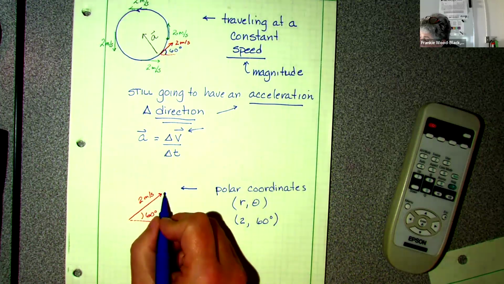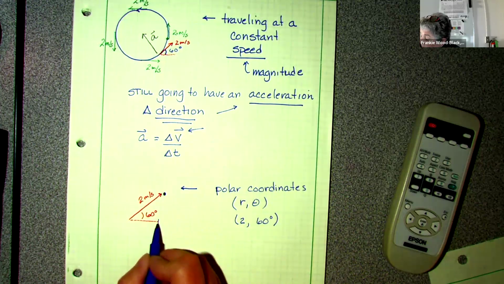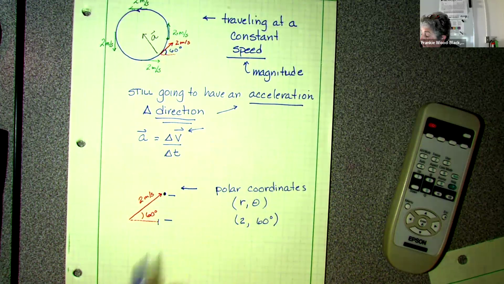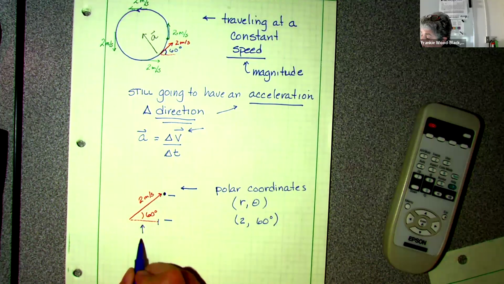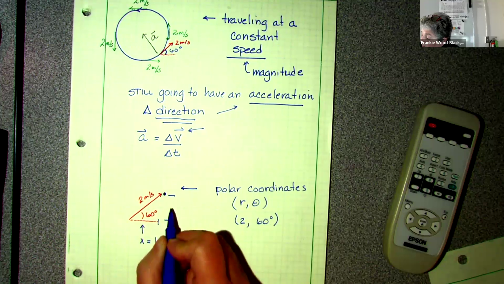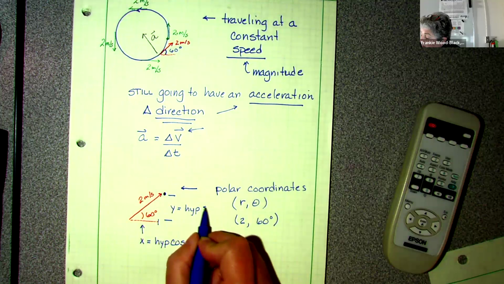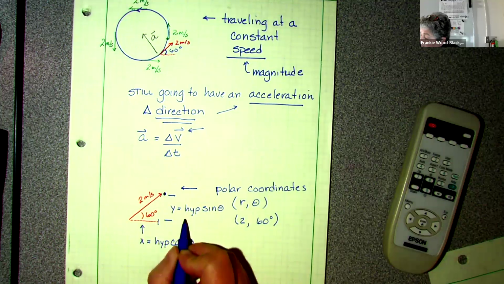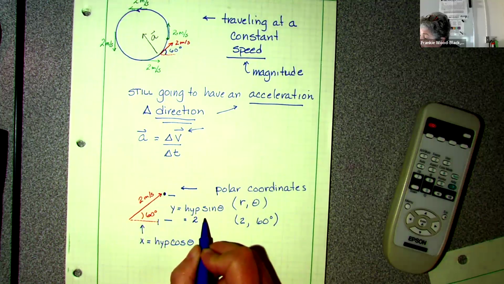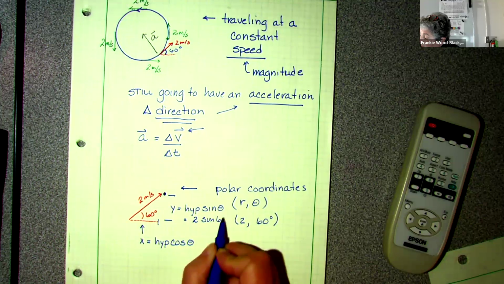But if I want to know what this point is, I can break this up and use my trigonometry to get there. x is going to equal my hypotenuse times the cosine of the angle. My y is going to equal the hypotenuse times the sine of the angle. And so I've got 2 sine of 60.